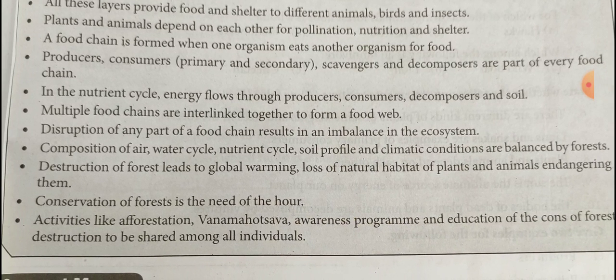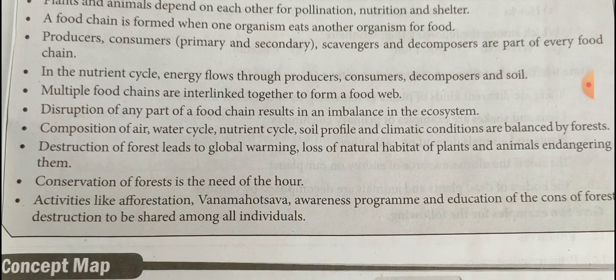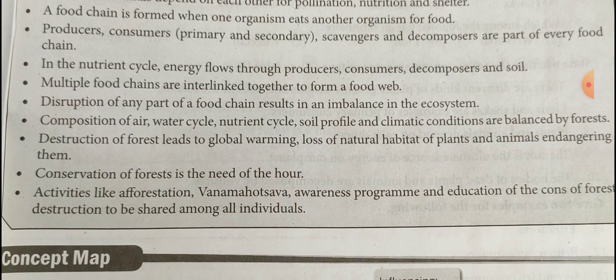Next, consumption of air, water cycle, nutrient cycle, soil profile, and climatic conditions are balanced by the forest. Destruction of forests leads to global warming and loss of natural habitat of plants and animals, endangering them.